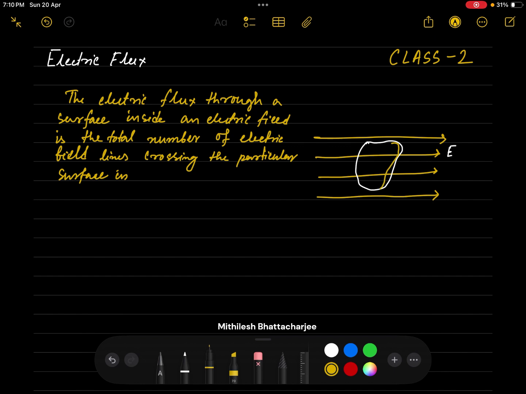This is the surface, and the direction of the surface is this ds. If we consider this part, in this part, the direction of the surface is ds.